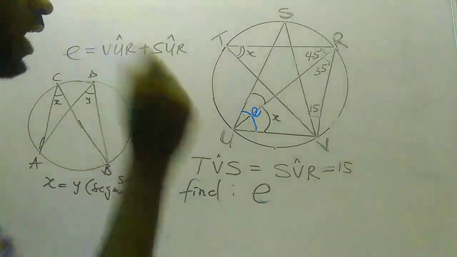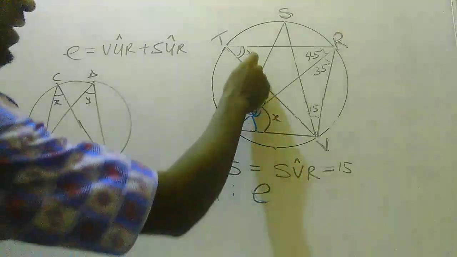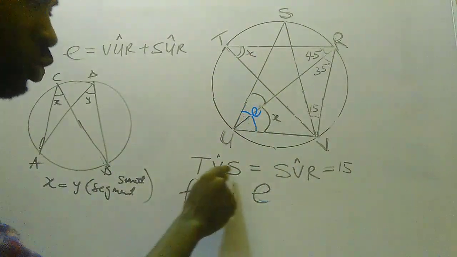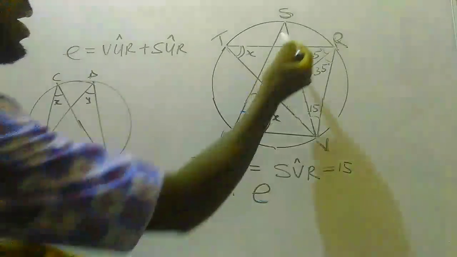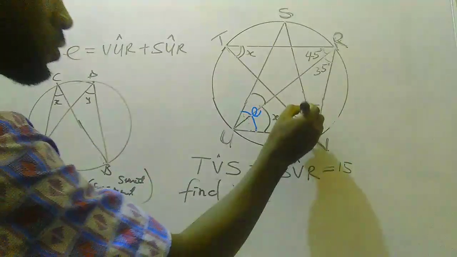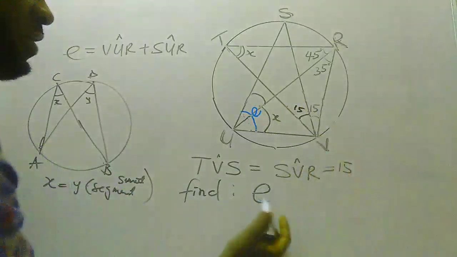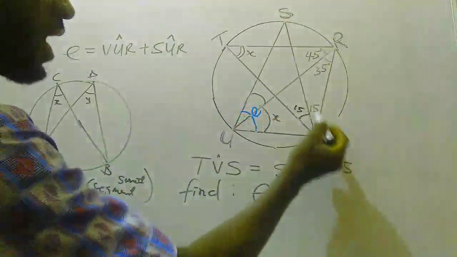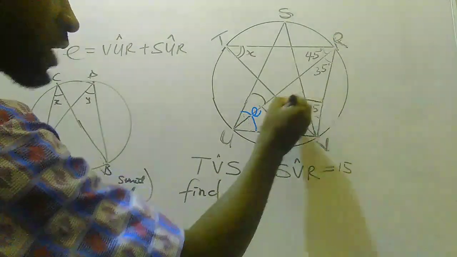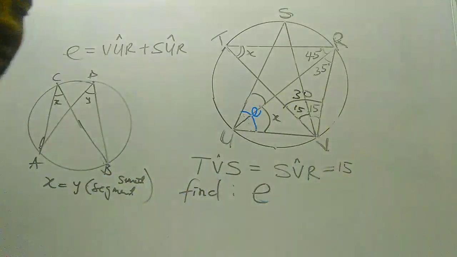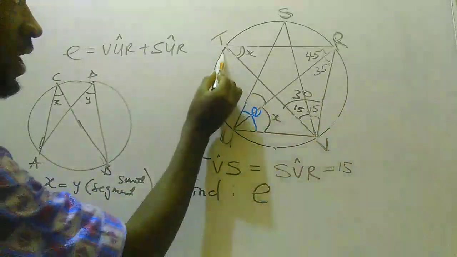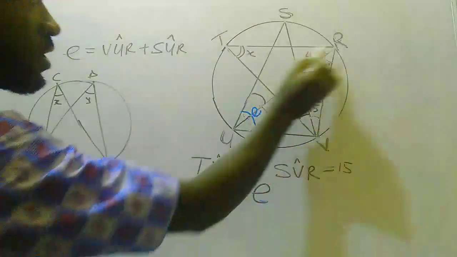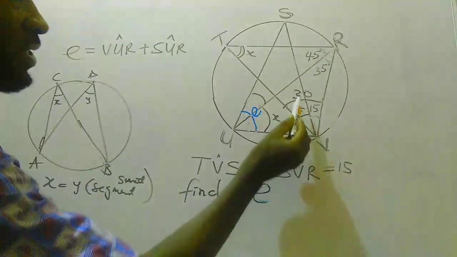So how do we get this angle here? Remember, we have been told that TVS and SVR is 15. So here is 15, and that is the same as SVR, which has been given to us as 15, which means this total angle here is 30. And if you follow this triangle, TRV, just follow my hands, this is a triangle, right? Good. So we're having 30.